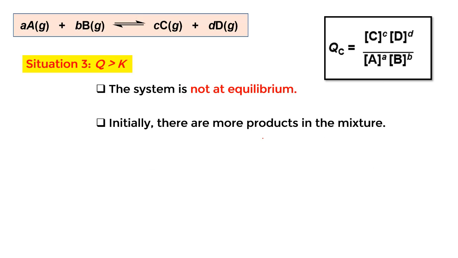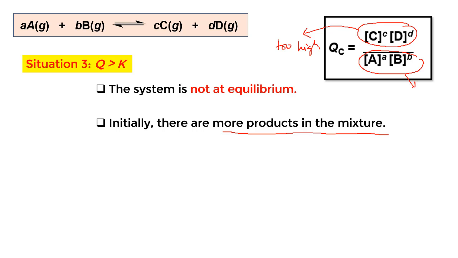Maksudnya pada ketika ini, lebih banyak produk dalam mixture tersebut. Maksudnya reactant masih ada, tetapi produk tu yang paling banyak, reactant tu very little amount. So kalau kita refer kat sini, concentration of product yang bahagian atas ini too high. The concentration of reactants yang bahagian bawah ni too low.